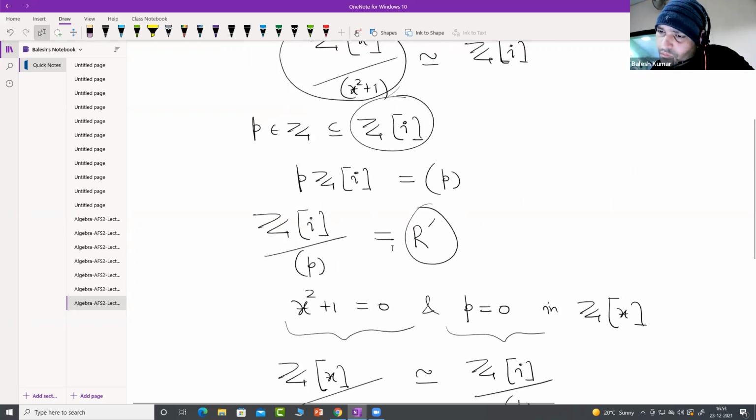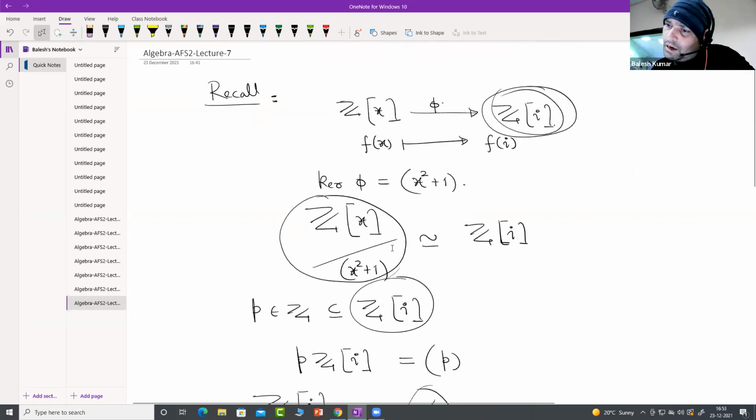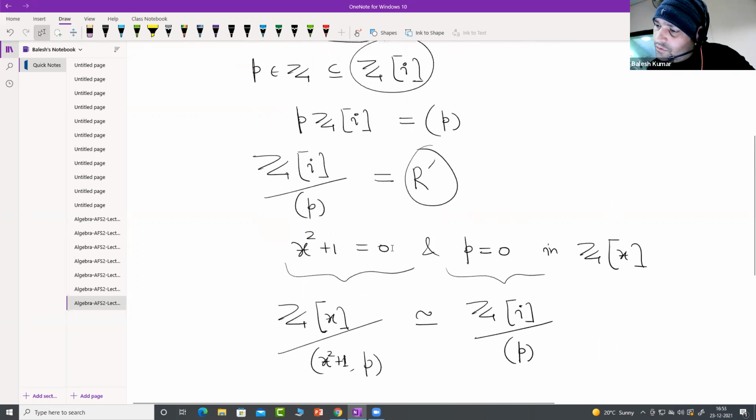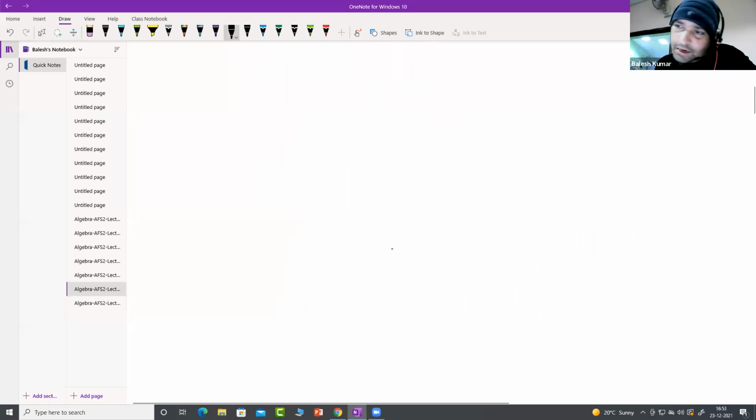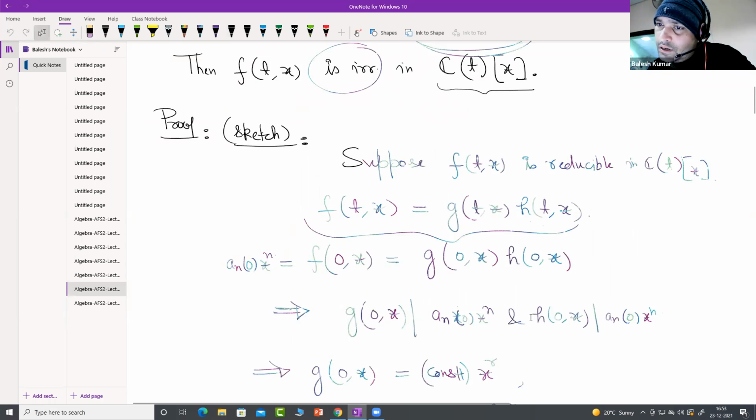This one can verify by the third isomorphism theorem, and we gave it the name R' in our previous lecture.